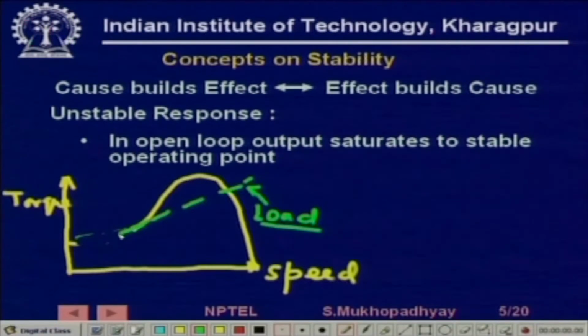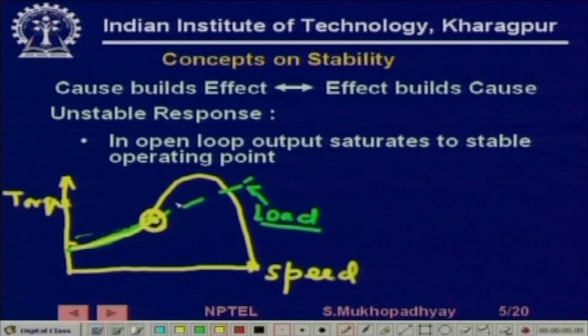Suppose the load characteristic goes like this, and suppose the motor characteristic is through this path. Now if you consider this operating point, suppose here the motor torque and the load torque are the same.